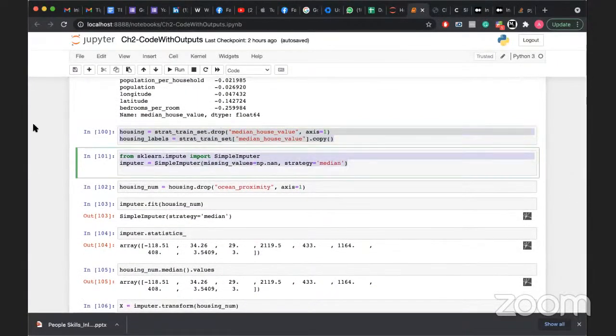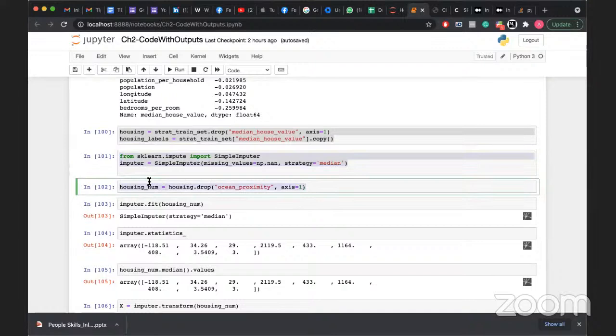So this is how you do it. You declare an imputer and you tell it that you would like to replace each value with the median. So you say strategy equal to median. And then what do you do? Obviously, because ocean proximity is not a numerical attribute, you drop ocean proximity from the data: housing_num equal to housing.drop of ocean_proximity, axis equal to 1.